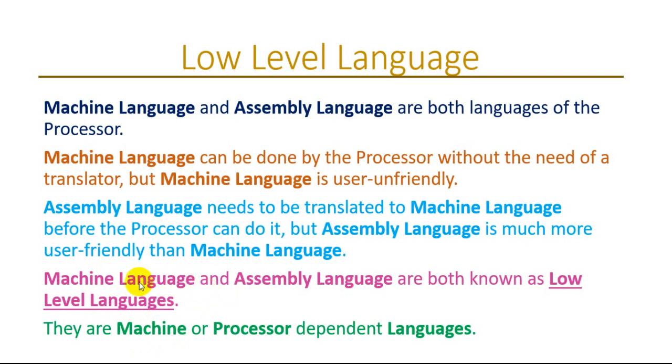So that is why these two languages are low-level languages, close to the processor, or in other words, the processor's language. And therefore we can call these two languages, assembly language and machine language, machine or processor dependent. They will work only on the processor they are written for, and will not work on other processors.